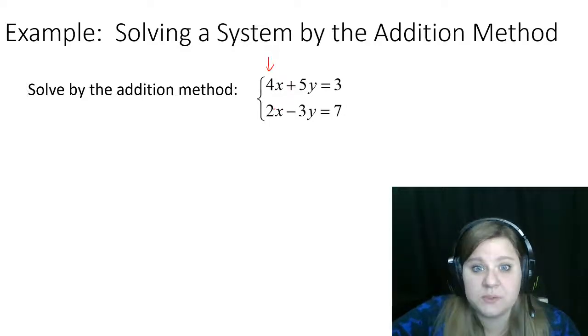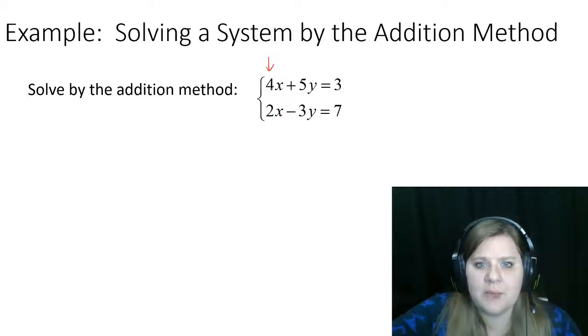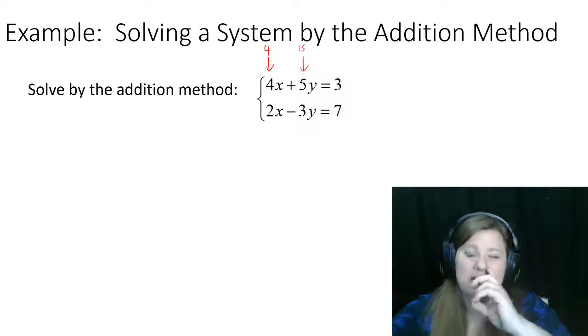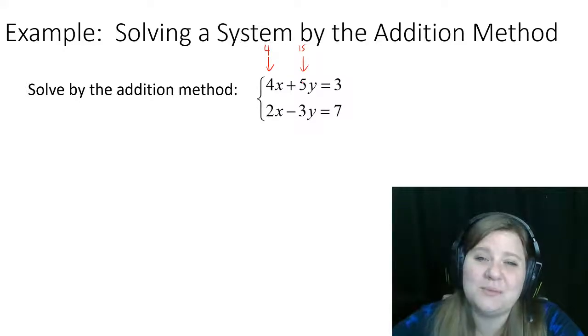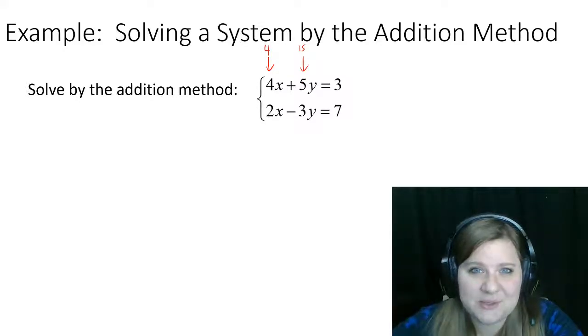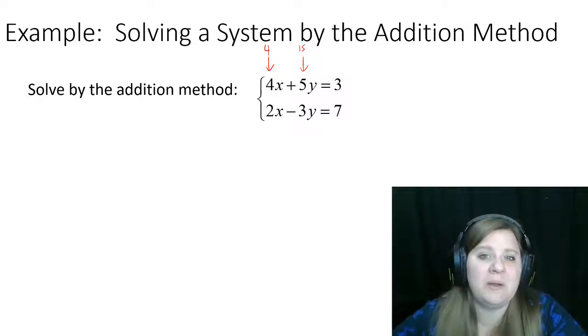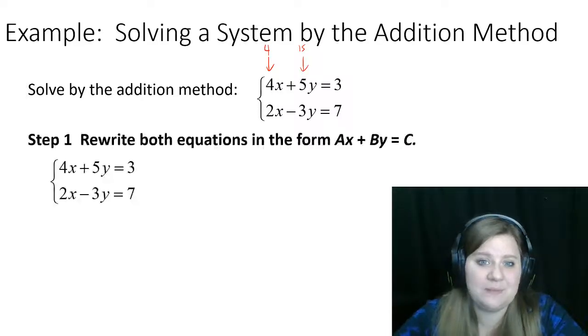The least common multiple here would be 4. And the least common multiple for 5 and 3 would be 15. One of these requires me to multiply one equation to get to it, and one requires me to multiply both. So I pick the one that only requires me to multiply one equation.